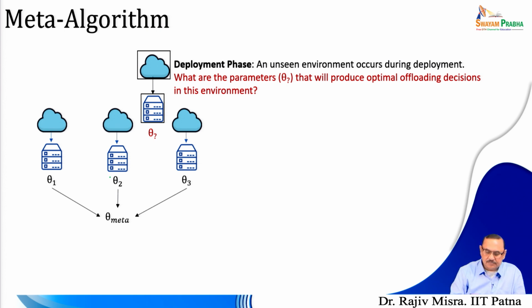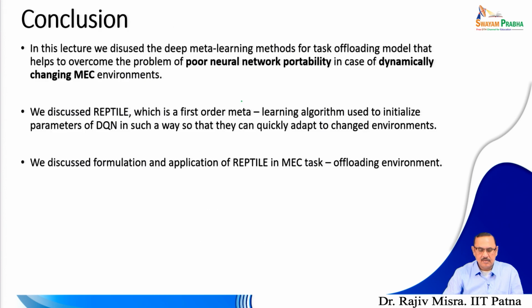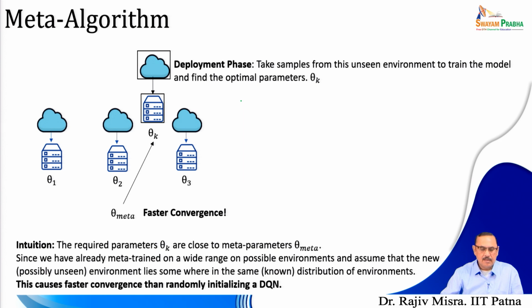Now, let us see that in the deployment phase an unseen environment occurs during the deployment. So, what is the parameter theta that will produce the optimal offloading decision in the environment? To understand this, in the deployment phase, we have to take samples from an unseen environment to train the model and find the optimal parameters.